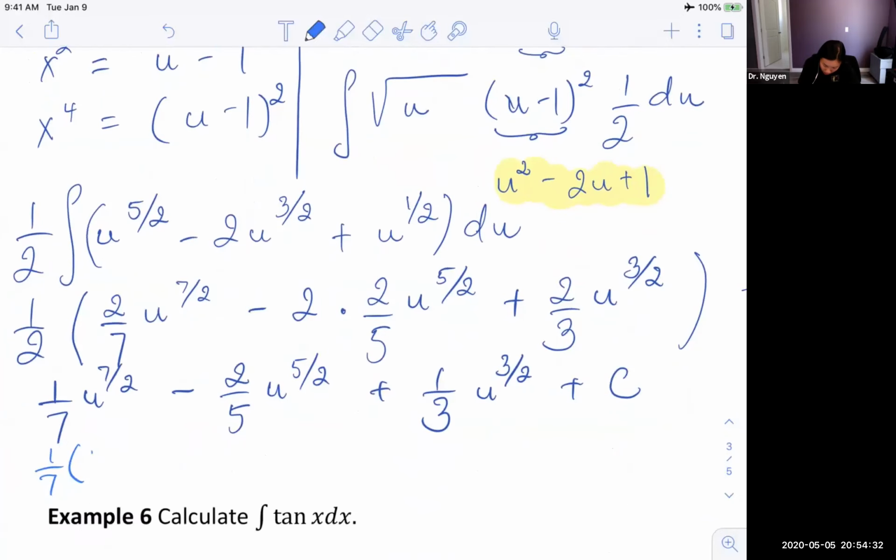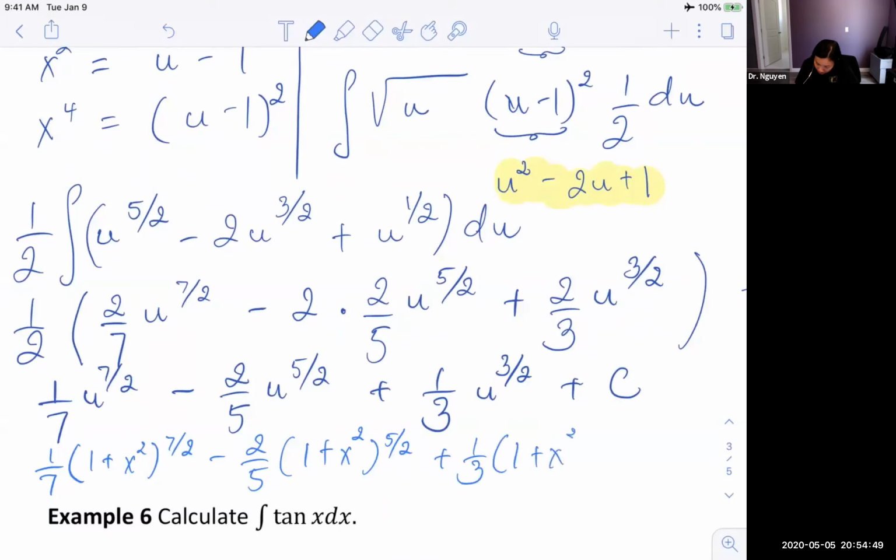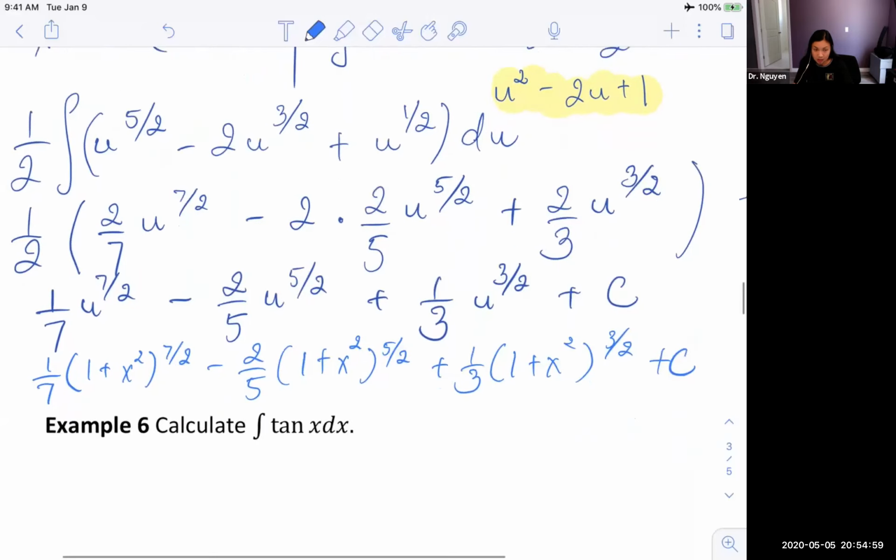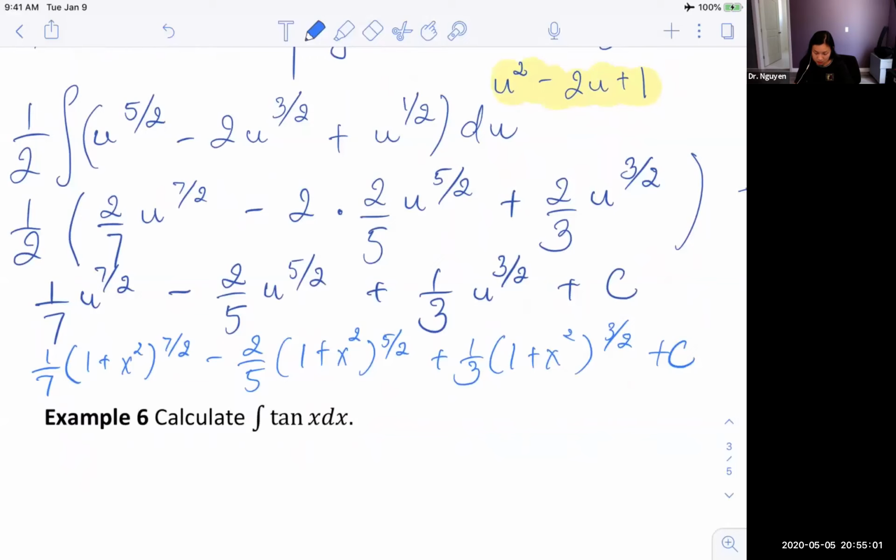Okay, so 1/7 times 1 plus x squared to the 7/2, minus 2/5 times 1 plus x squared to the 5/2, plus 1/3 times 1 plus x squared to the 3/2, plus c. And we're done. Okay. All right. Moving on.